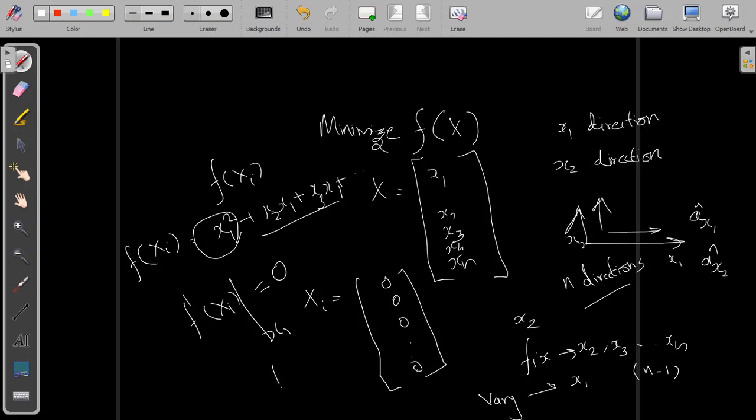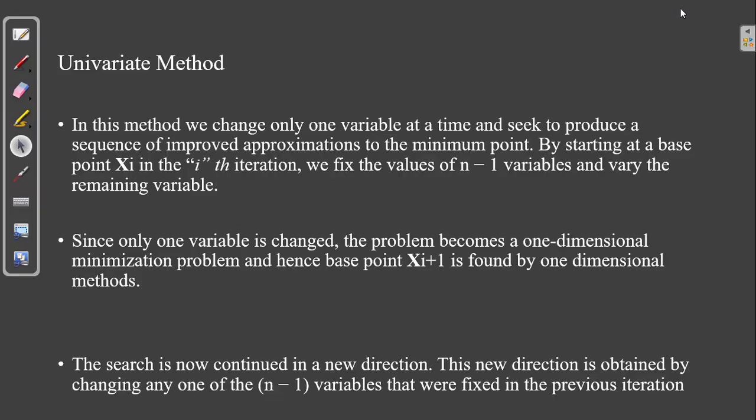Then we find f double dash of xi with x1 as the variable; if it is greater than 0, the value of the function at that x1 will be a minimum. In that manner we solve for x1.